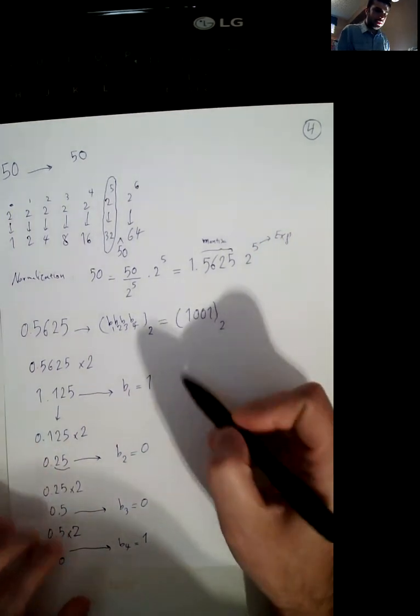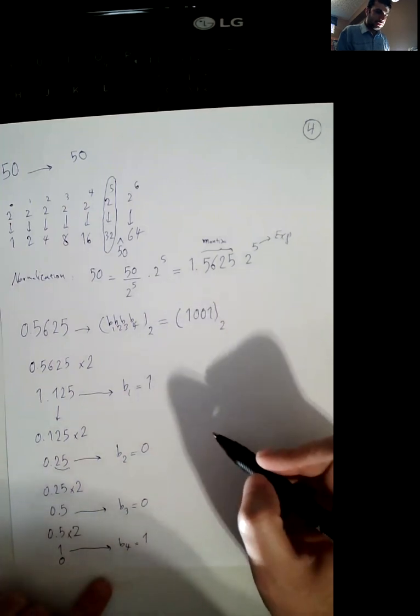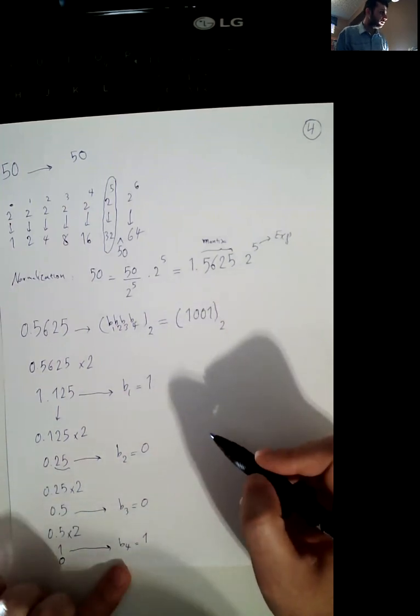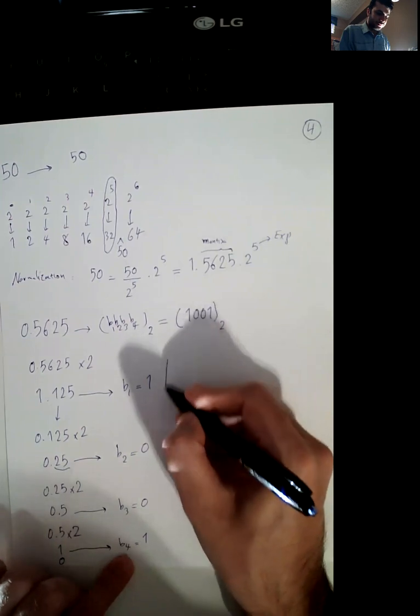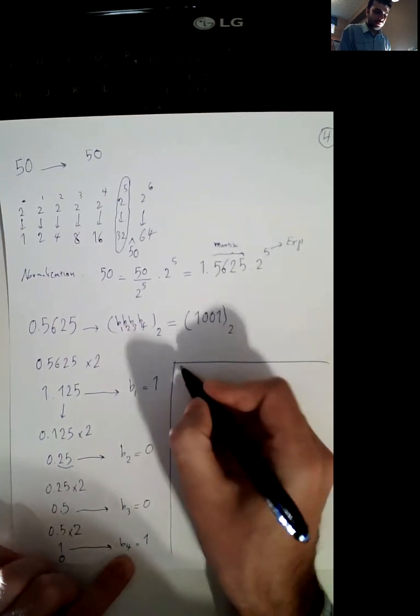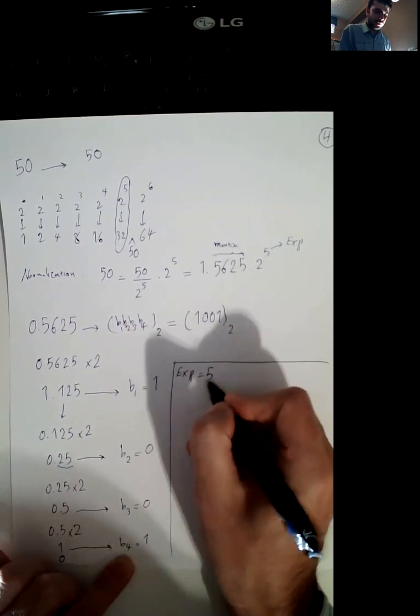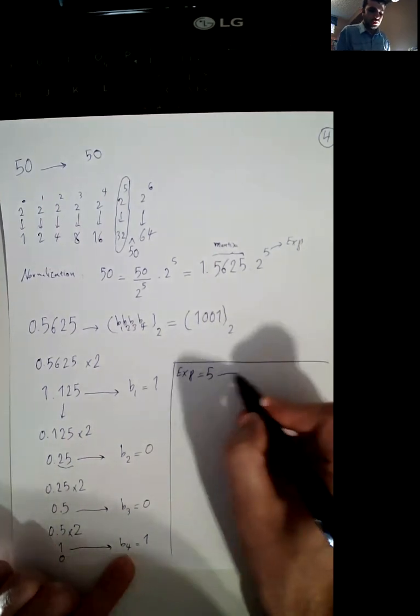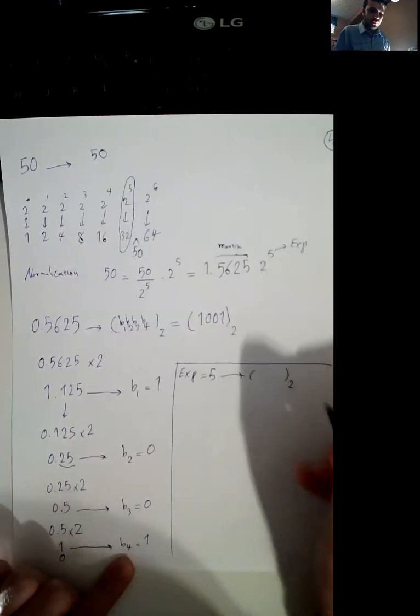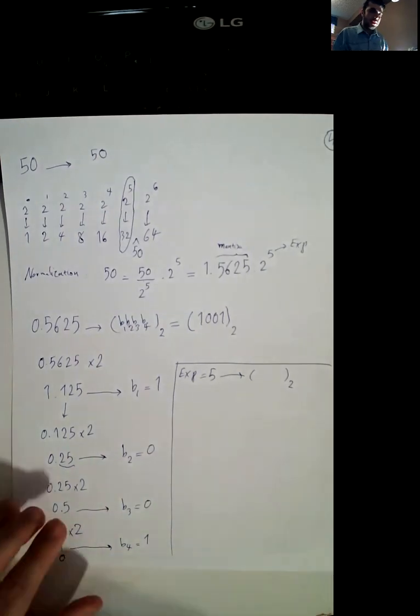So this is the mantissa, and 5, the exponent, should also be converted to base 2.